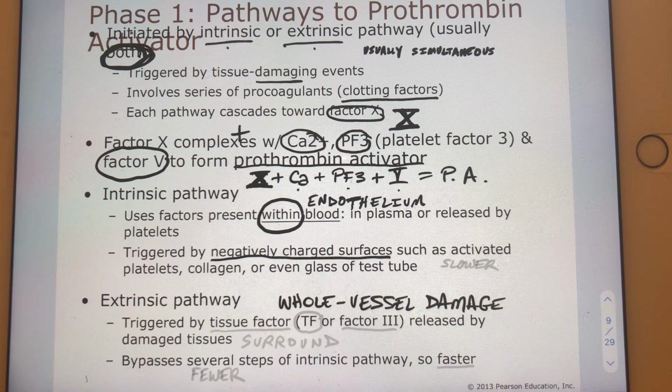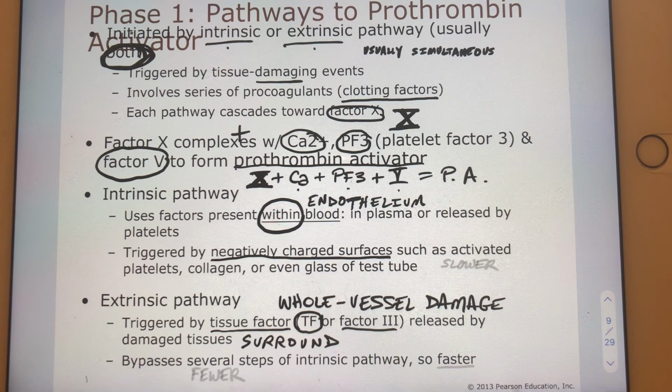Okay? But in the extrinsic pathway, the damaged tissues that surround the vessel release a clotting factor. It's clotting factor 3, but it's also known as tissue factor. Tissue factor. Okay? And that starts the extrinsic snowball rolling.